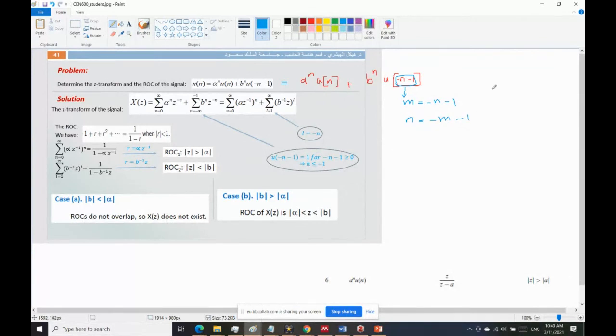And you have another problem: for this one, n is above 0, it must be above 0. This is by definition: u[n] is defined when n is bigger than 0. So if we make m equal to minus n minus 1, what is the range of m?